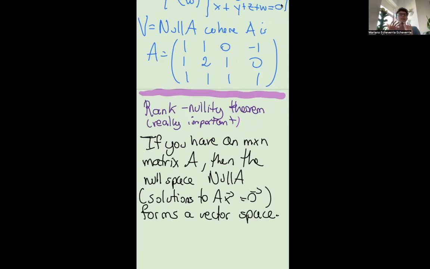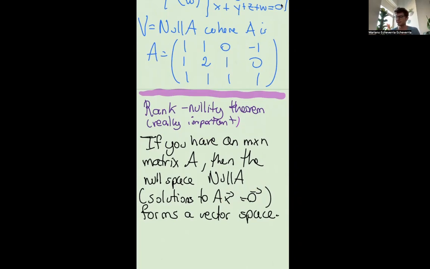That's good to know, and it's actually not difficult to check. Because if you have two solutions here, since this is being equal to 0, the sum will continue to equal 0. And if you rescale by a number, since this is being set equal to 0, the rescaling doesn't matter. So checking that it's a vector space is not the big thing.